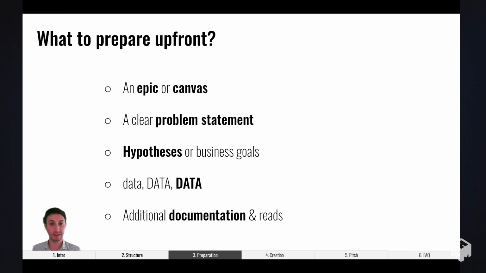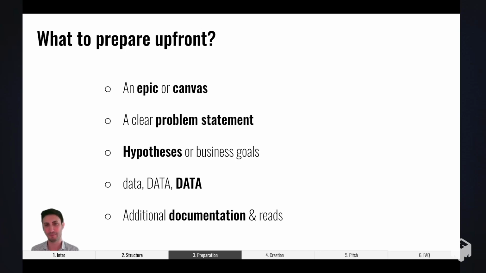And I'm always saying you need to have a source of truth. This source of truth can be an epic or an opportunity canvas, a lean canvas. It can be a Confluence page, a Notion page, a Google Doc. Whatever it is, make sure you have something that you can share, ideally as a bundle, to a group of people. Something that contains important information such as a problem statement or a couple of hypotheses and business goals.